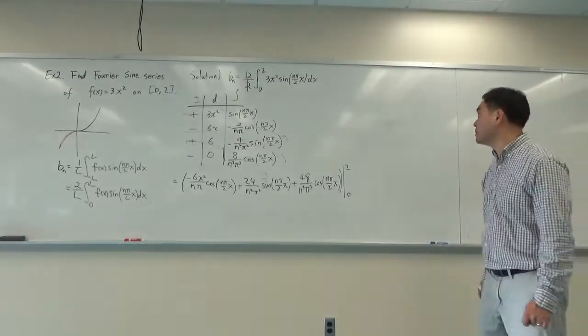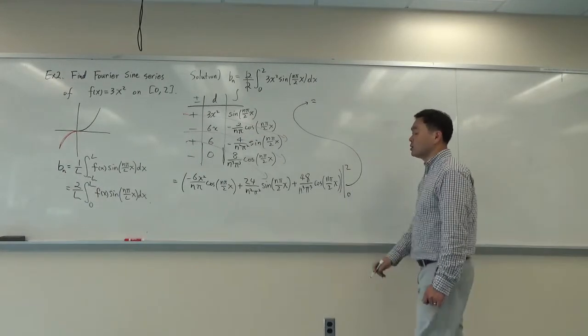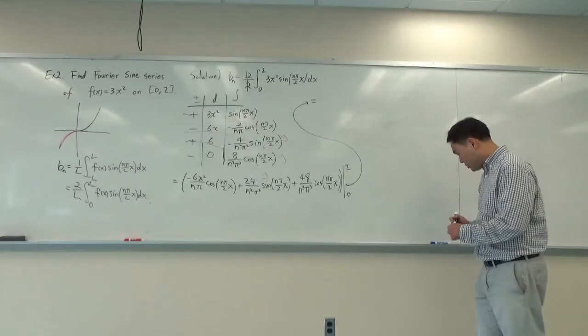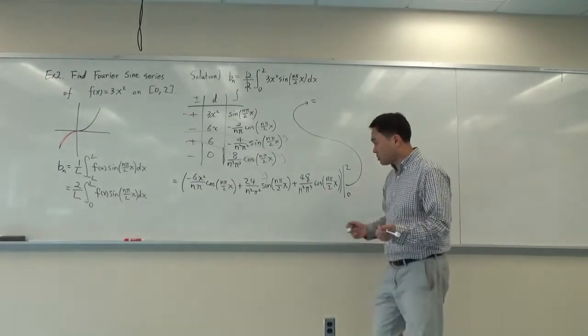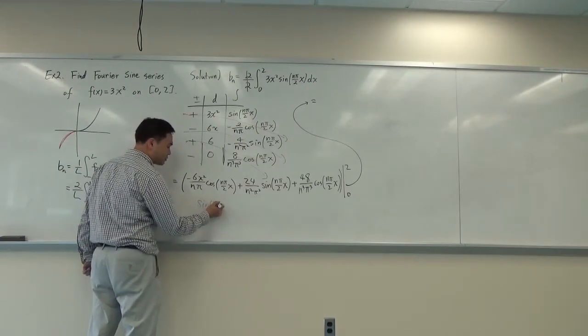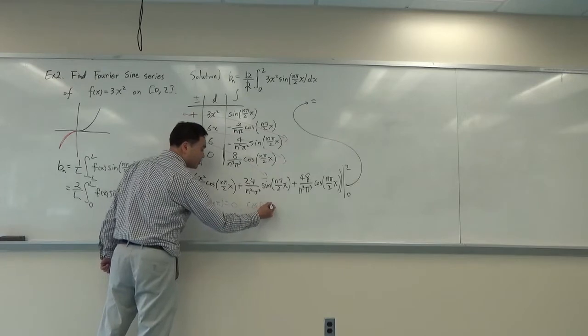Okay. Now let's continue the result here. So remember this, or let me ask, what's sine n pi again? 0, okay. What's cosine n pi?